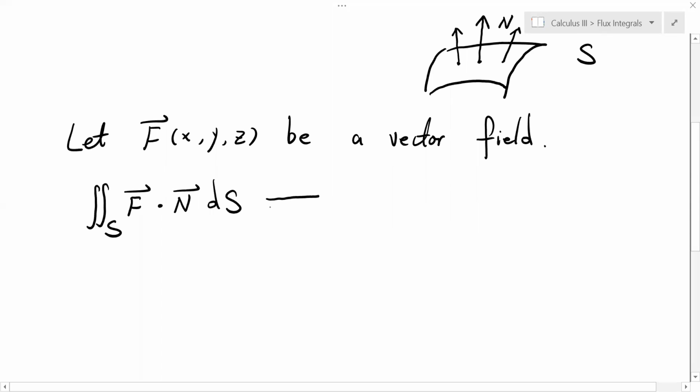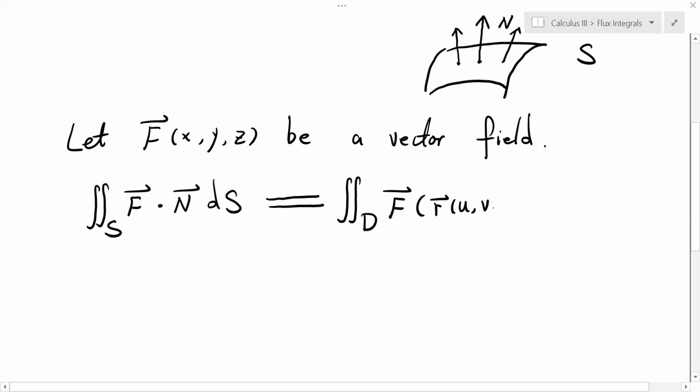And according to the surface integral, this flux integral could be converted into a double integral by the following transformation. First, we're going to evaluate the vector field capital F on the parametric surface.